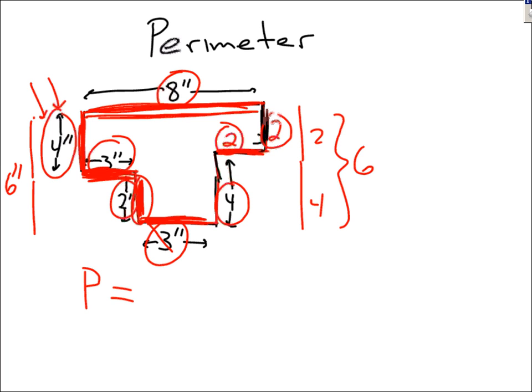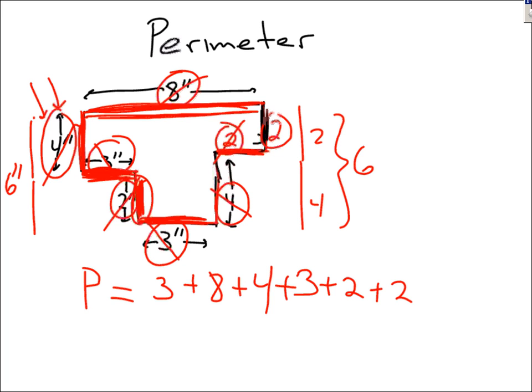I mean, if you want to go 3 plus 8 plus 4 plus 3 plus 2 plus another 2 plus 4 plus the last two, go for it. Just have to add up all the numbers.